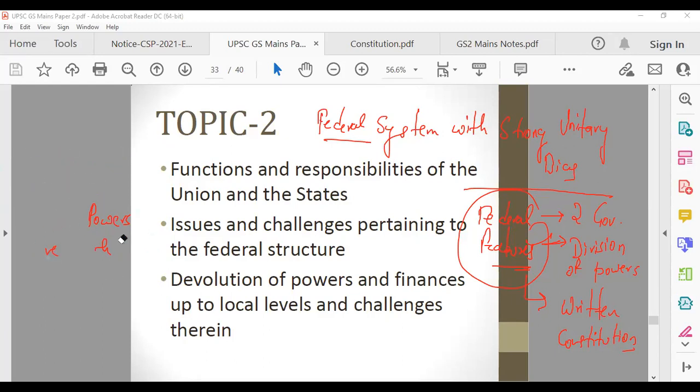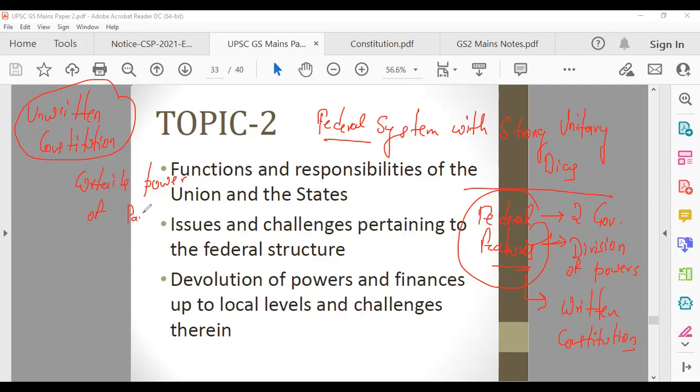In the UK, you have an unwritten constitution. Unwritten constitution means the center can make any law it wants to. That's why their parliament is supreme. In our country, we have a written constitution. A written constitution curtails the power of the center and of parliament. They cannot make any law to curtail the powers of the state.